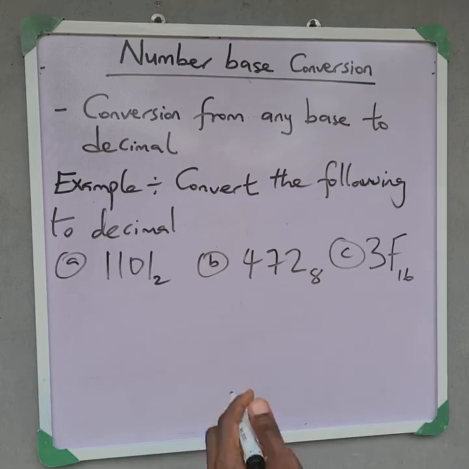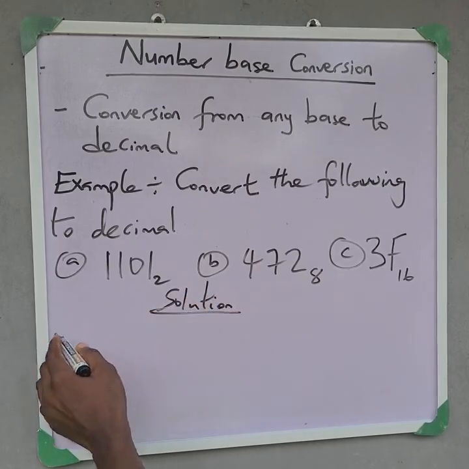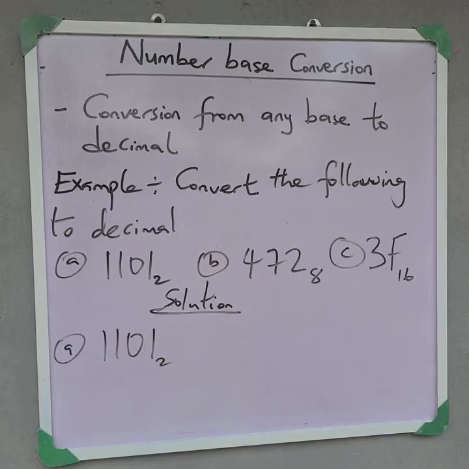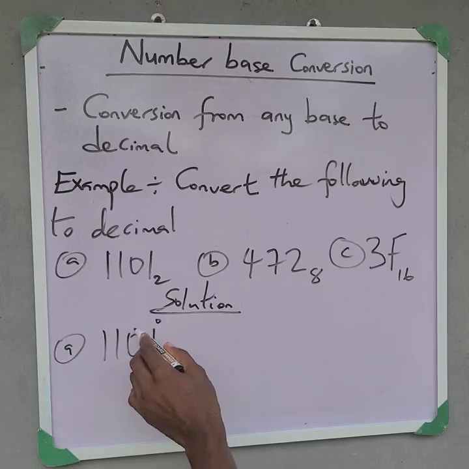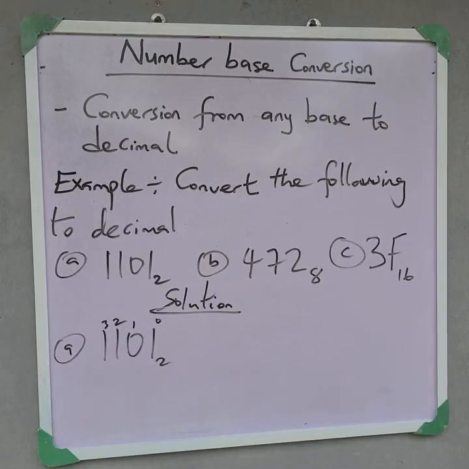So we can start with the first one. Solution. We have 1101 in base 2. Firstly, to convert this, you number the digits 0, 1, 2, 3. After numbering, the next thing to do is to write it out.